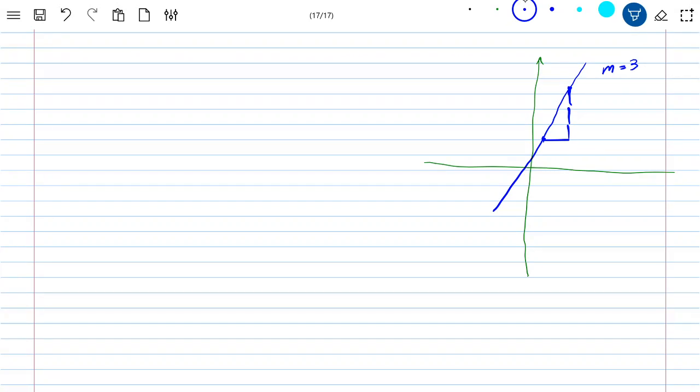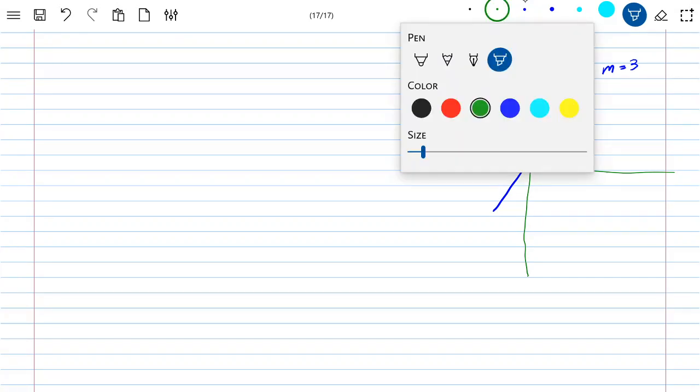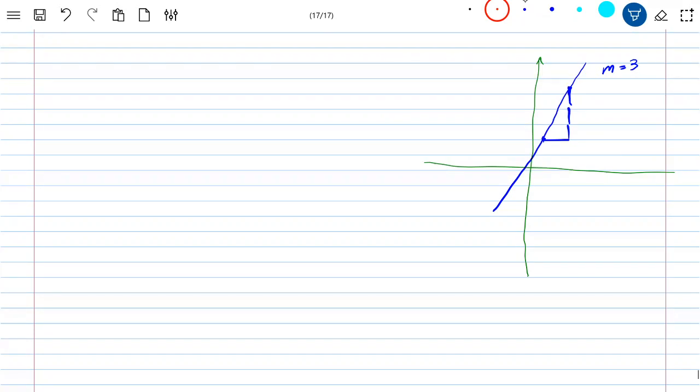Okay. If I want to draw a perpendicular line, let's assume it goes through the same point. It would have to create a 90-degree angle. Something like that. This angle should be 90 degrees. It's not exactly 90 degrees, but let's assume it's 90 degrees.